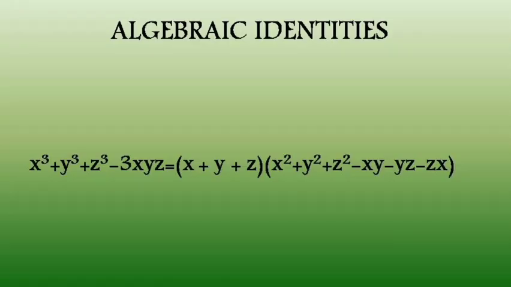Now the most important identity with us, which is the last one from this chapter, last but not the least. It is x cube plus y cube plus z cube minus 3 times xyz. It is actually equal to product of a trinomial x plus y plus z with x square plus y square plus z square minus xy minus yz minus zx.